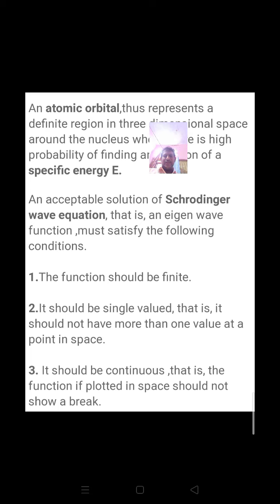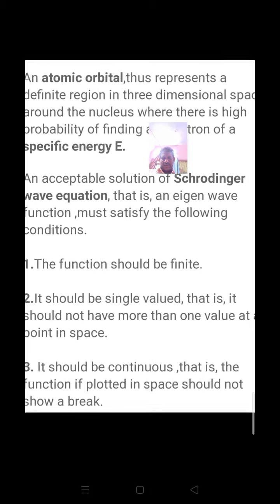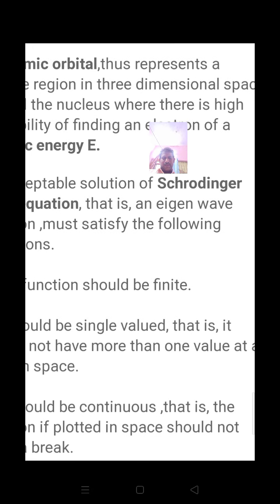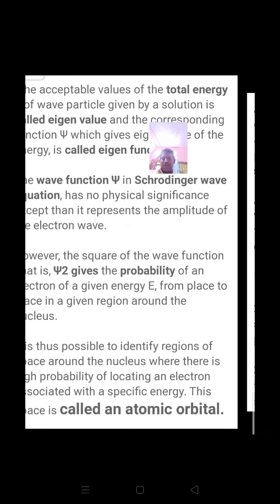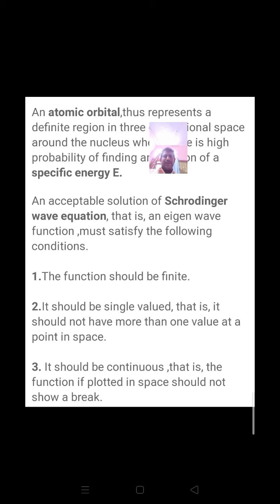The wave function should be continuous, that is, the function if plotted in space should not show a break.